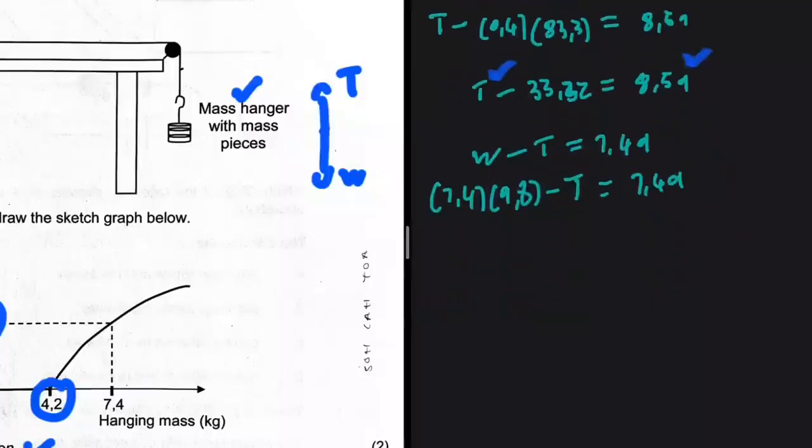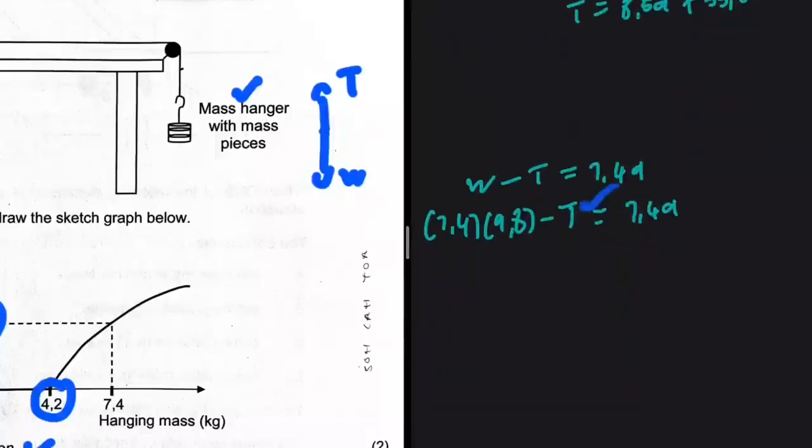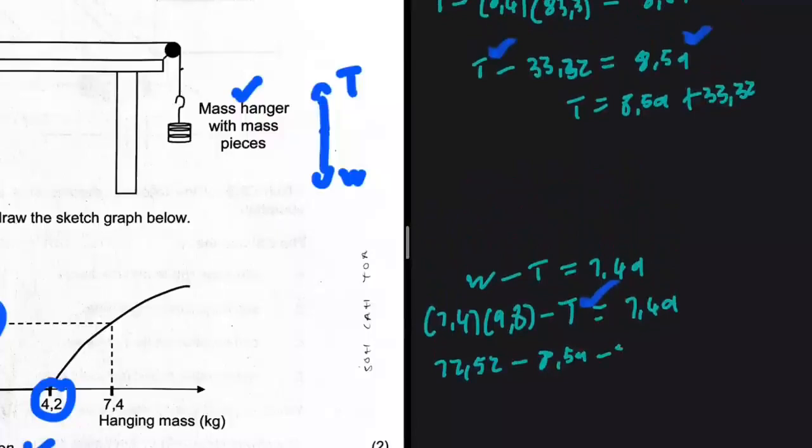Obviously, we can make the tension the subject of the formula in the first equation. It is going to give us 8.5a plus 33.32. So instead of having tension there, we can say 7.4 multiplied by 9.8, which is 72.52, minus 8.5a minus 33.32 is equal to 7.4a.